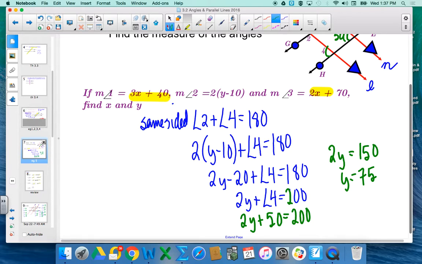If you plug that back in, y'all, up there, you'll find angle 2 is equal to 2 times (75 minus 10), which is 2 times 65, which is equal to 130.